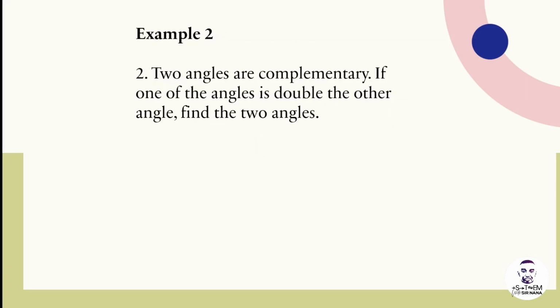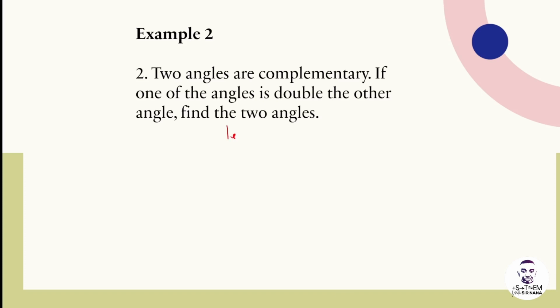Now let's consider another question. In this question, it says two angles are complementary. If one angle is double the other, find the two angles. So we must know what complementary angles are. Remember that we said complementary angles are angles that sum up to 180 degrees.